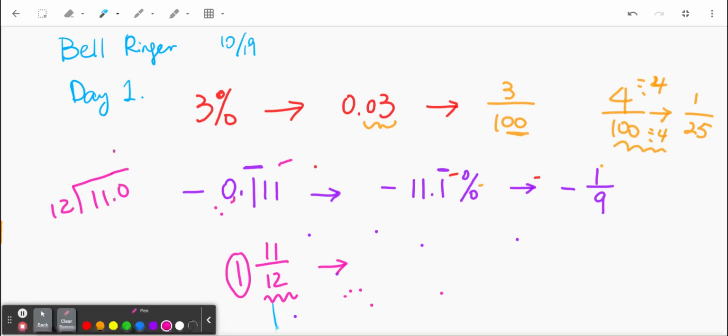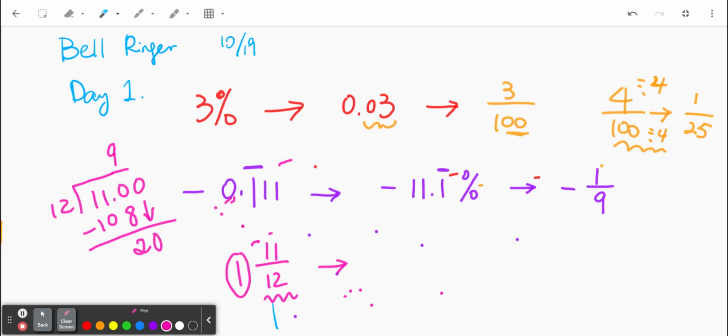0.9. So you got a 9. 12 times 9 is 108, and this becomes a 10. Subtract, you got 2. And there's an invisible 0. You drag it down.